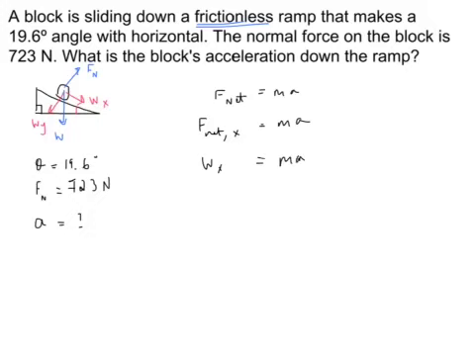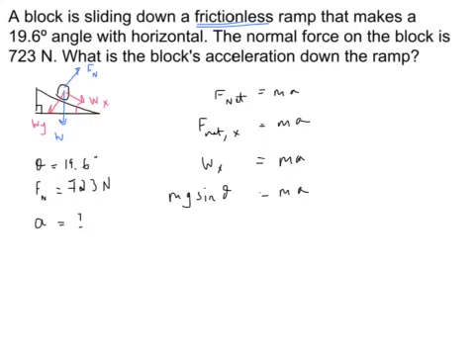Alright, we're getting closer. If we can plug in mass, and if we can plug in Wx, we could solve for acceleration. So let's do this. Let's plug in for Wx and see what happens. Wx, we know, is going to be mg sine theta, right?